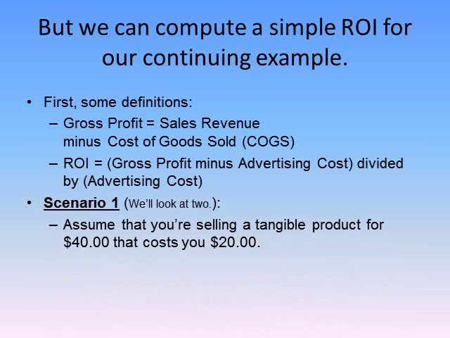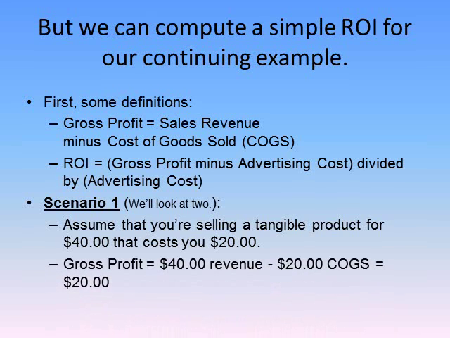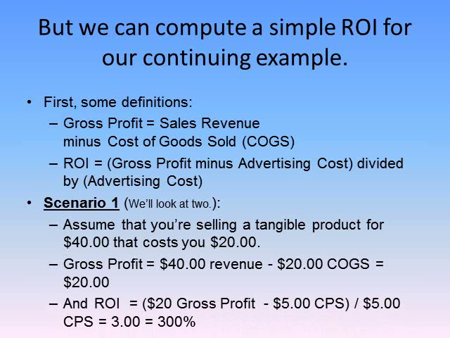Scenario 1. Let's assume we're selling a tangible product and we're selling it for $40 and it costs us $20. Okay? In our example. Again, remember we're continuing through an example here. So our gross profit is that $40 revenue less the $20 cost of goods sold.